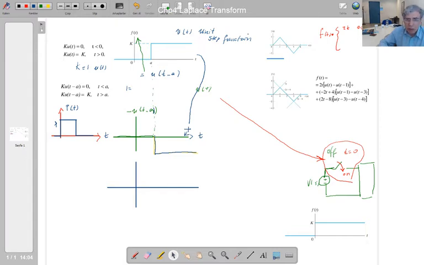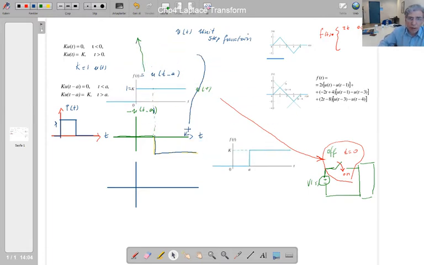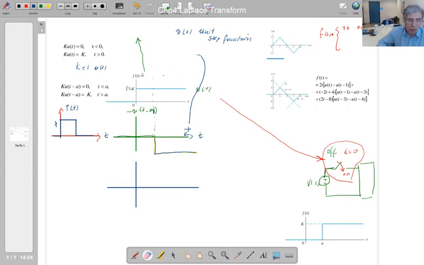Sorry, I made a mistake, I should move that one. So here is u(t), and this is minus u(t minus a). So when you add those up, this area up till t equal to 0, that's 0, that's 0, it's going to be 0. Different color, make it red.